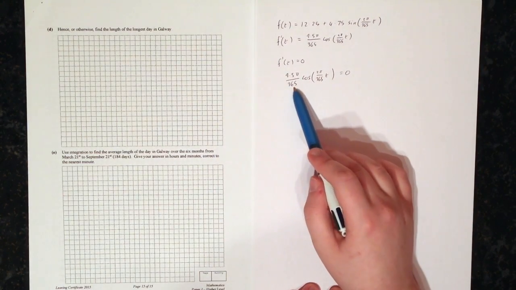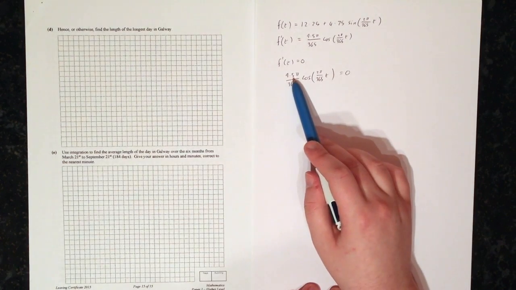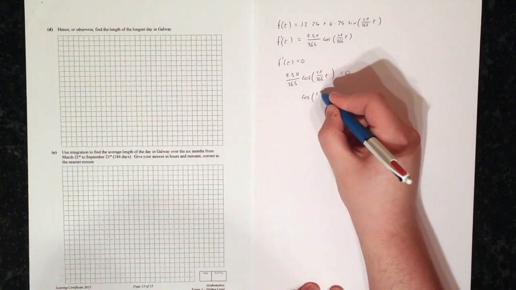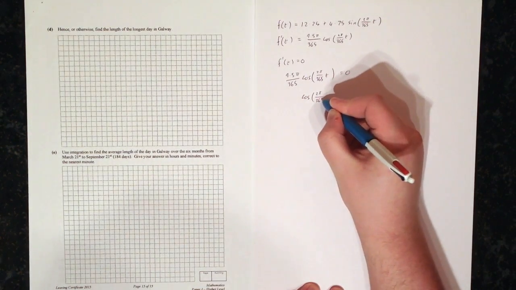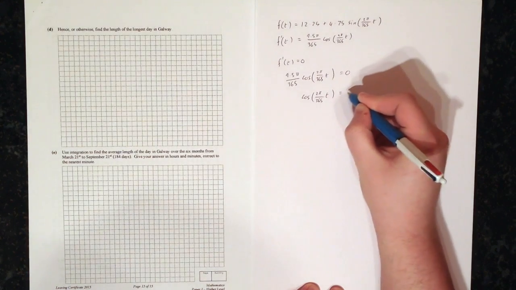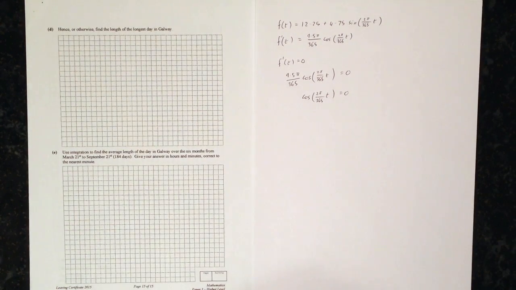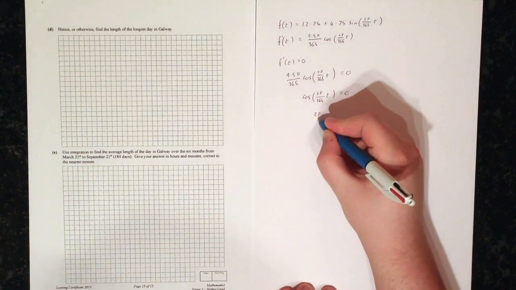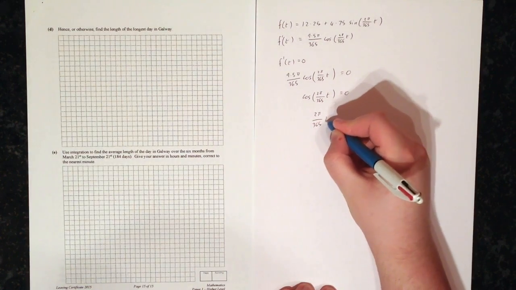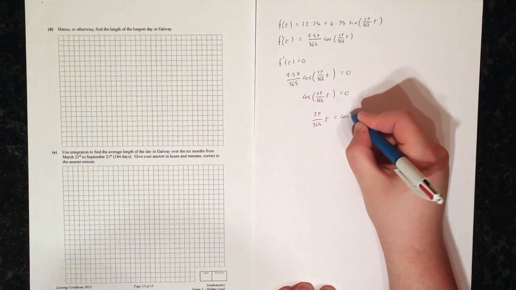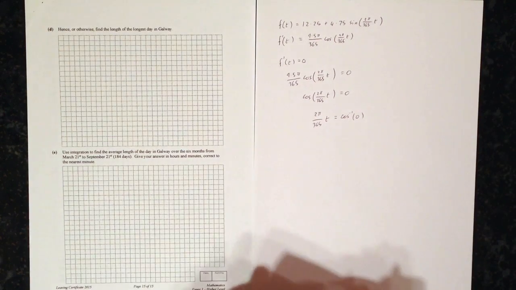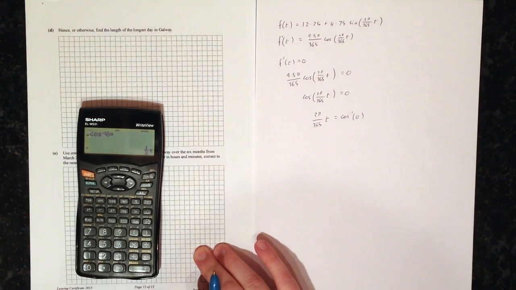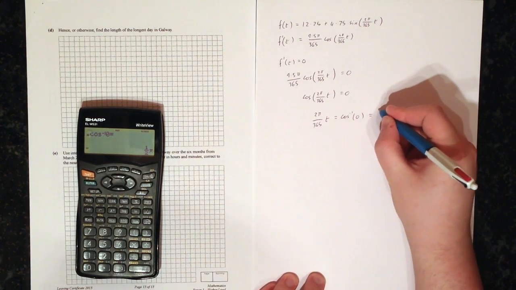Then we can multiply both sides by 365 and divide both sides by 9.5 pi, and we get that cos of 2 pi over 365 times t is equal to 0. We can then take cos inverse of both sides to get that 2 pi over 365 times t is equal to cos inverse of 0, and cos inverse of 0 is equal to pi over 2 radians.